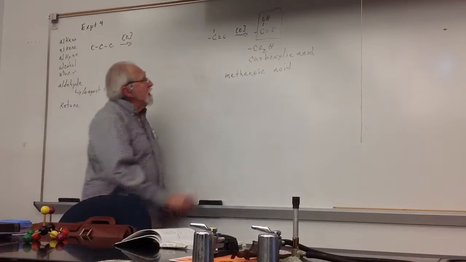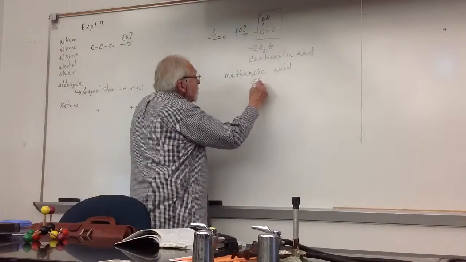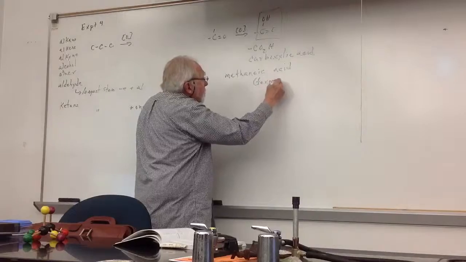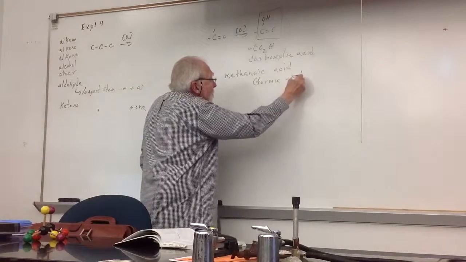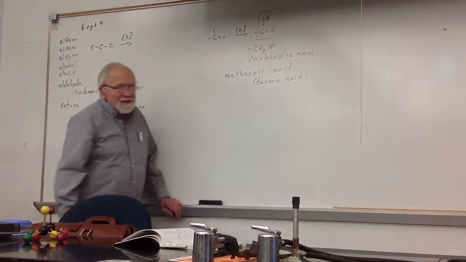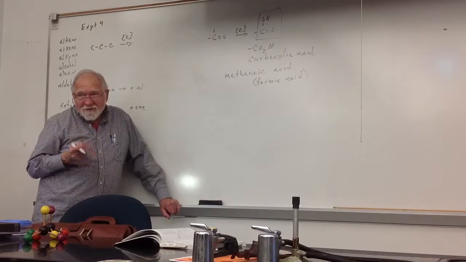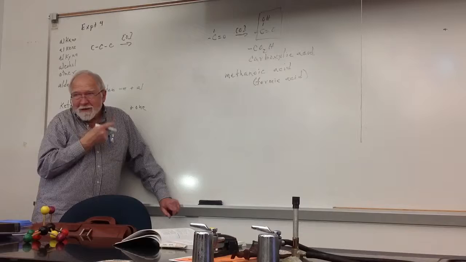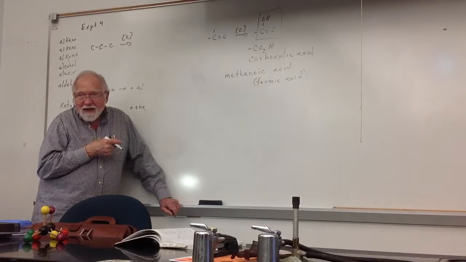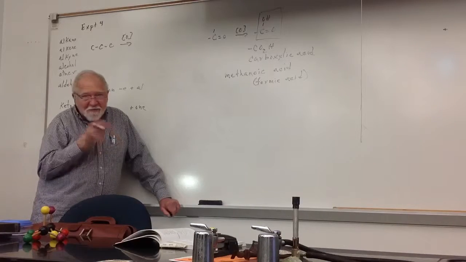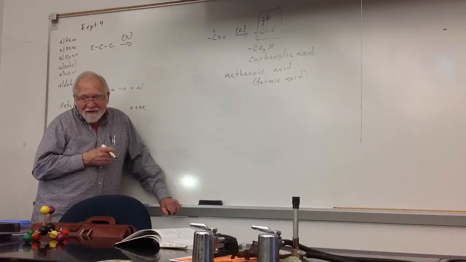This has the common name formic acid. When an ant bites you and you get the sting, it's because it injects you with a little bit of formic acid. I think form came from Latin word for ants or something like that.